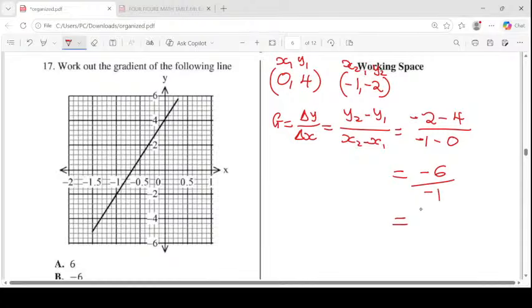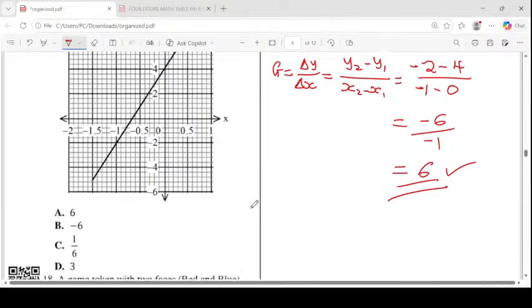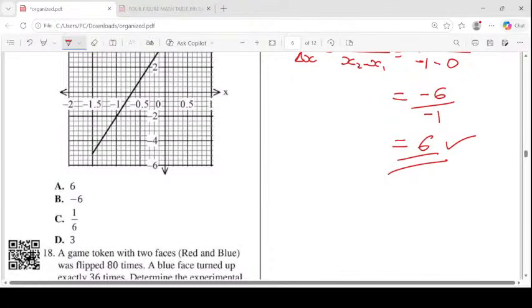Then -6 divided by -1, the negatives cancel out. You get your answer as +6. Looking at the solution, +6, yes, exactly. I have choice A for apple standing out as the correct answer, the gradient of that particular line.